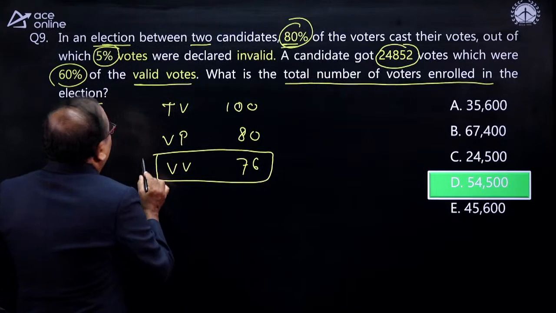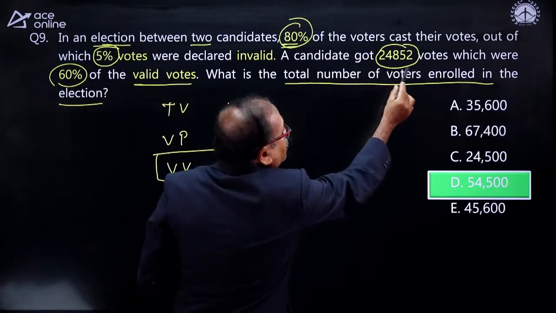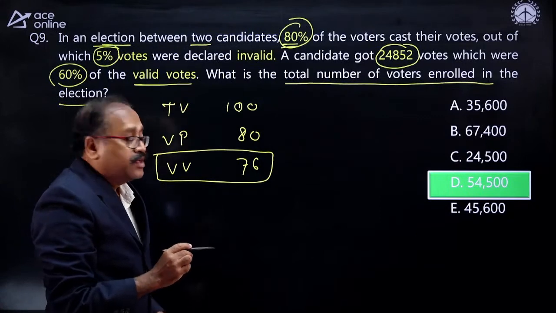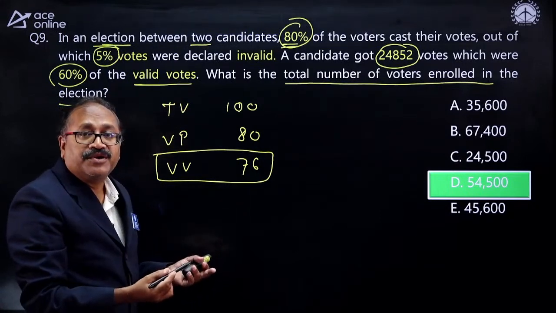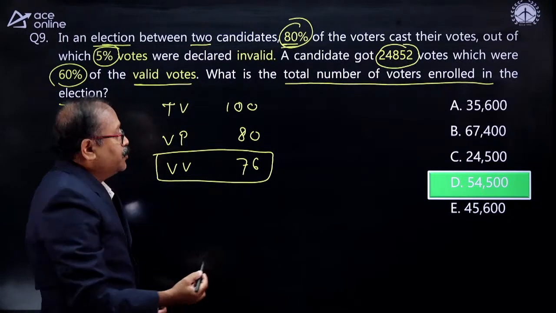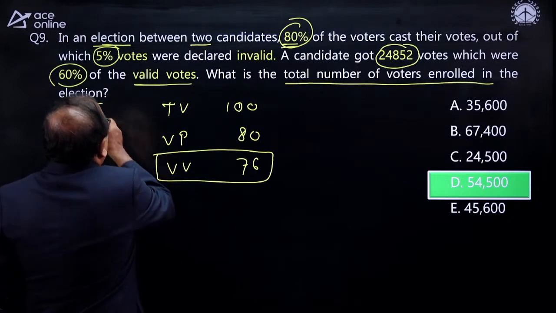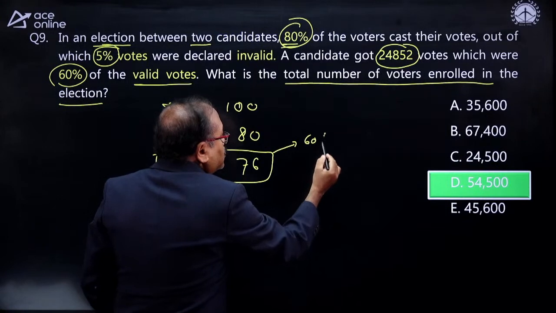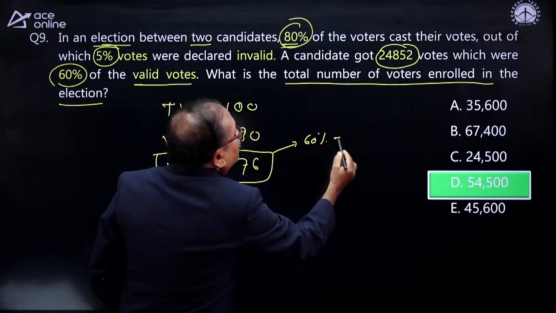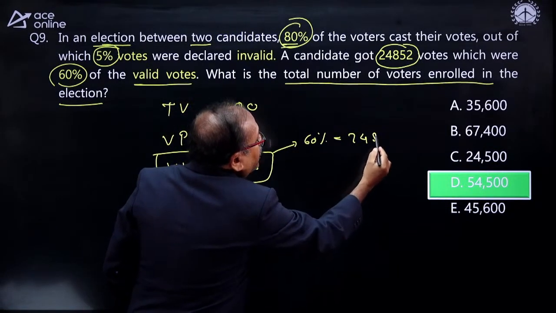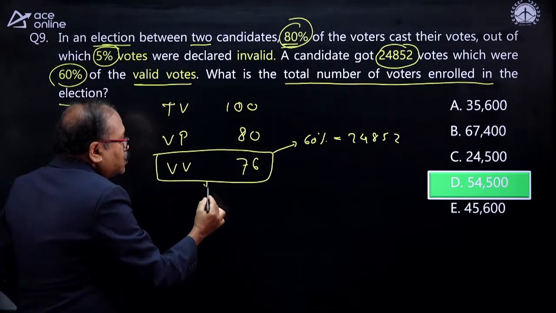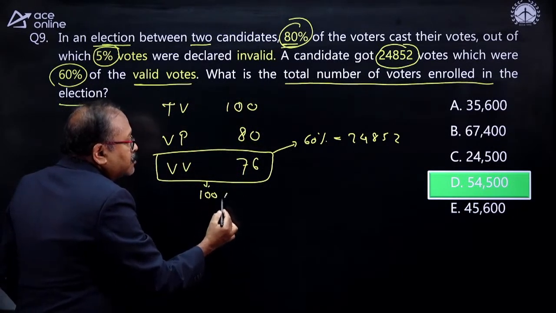Now it is said that these votes are 60% of the valid vote. So can I get the total valid vote? Yes, we can. If 60% is equal to 24,852, then what is the overall? The overall will be 100%.